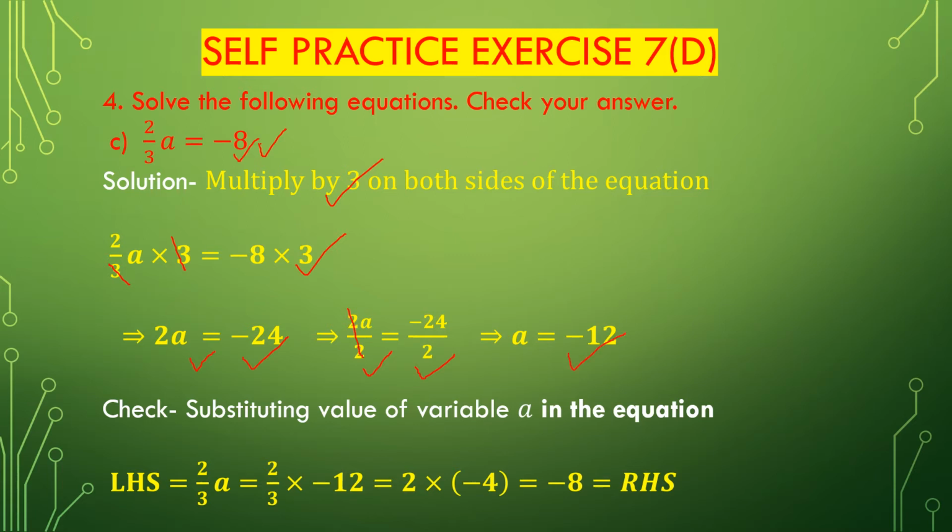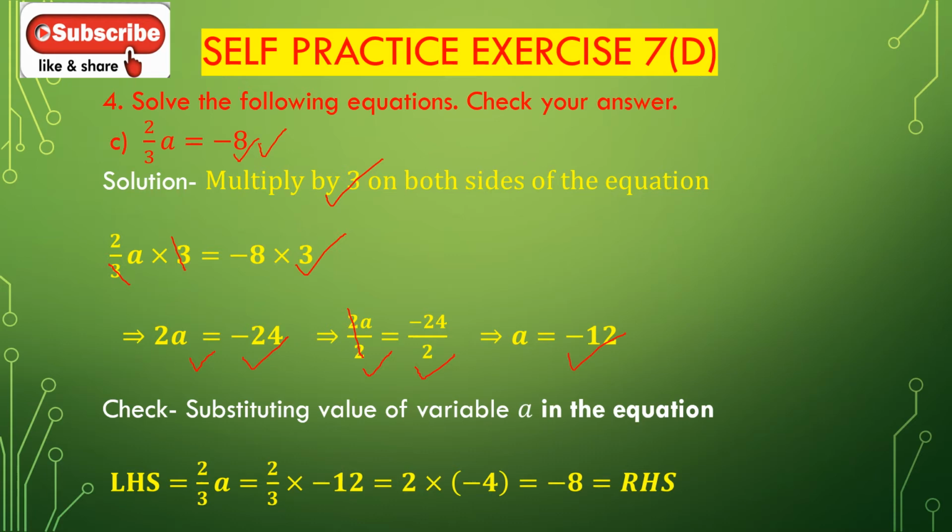Now we get the value for the variable a is -12. Now we have to check this answer for the value a equal to -12 in this equation, that is whether left hand side is equal to right hand side or not. Now substitute the value a equal to -12 on the left side of this equation, that is 2 divided by 3a.